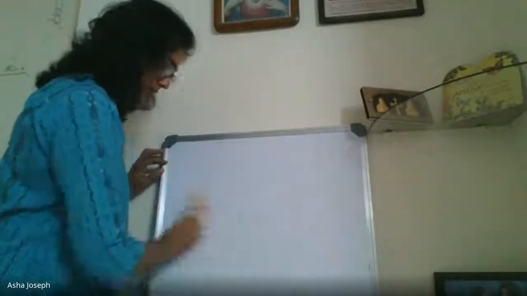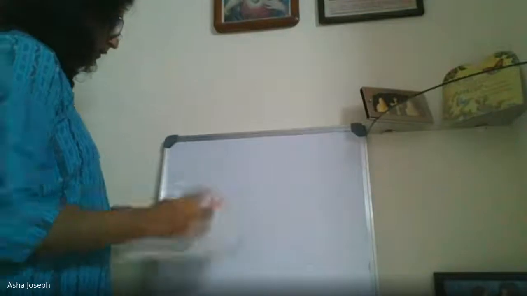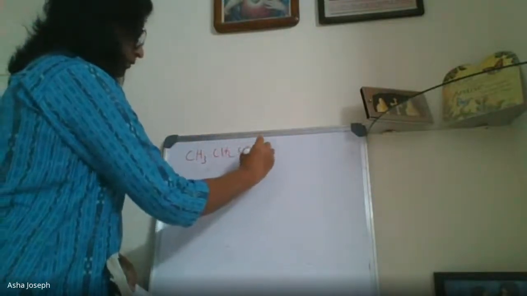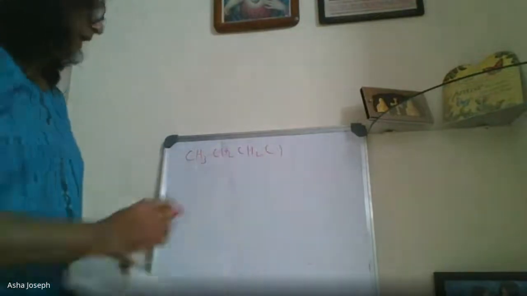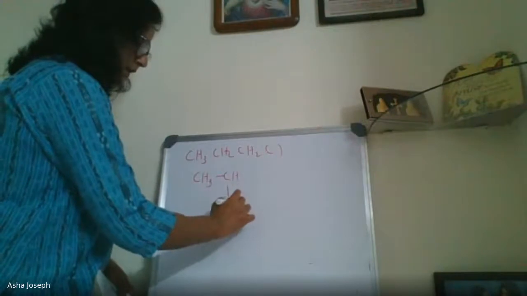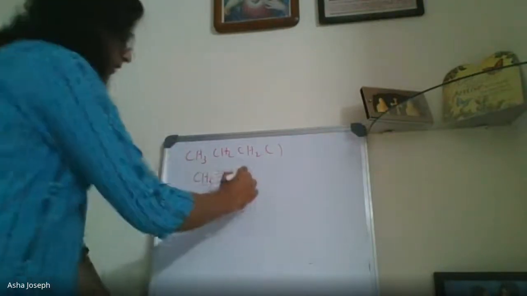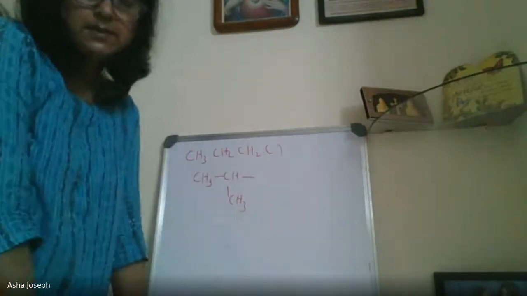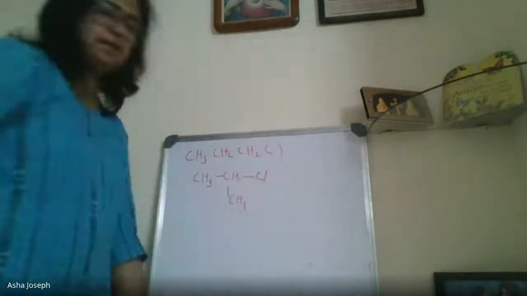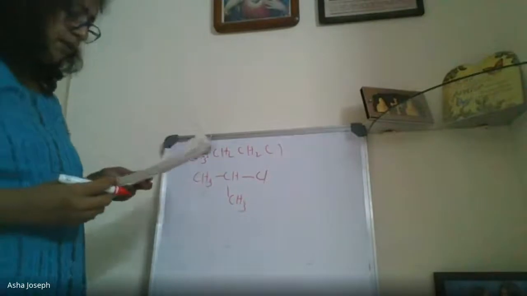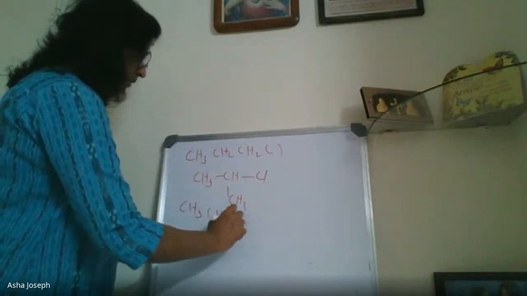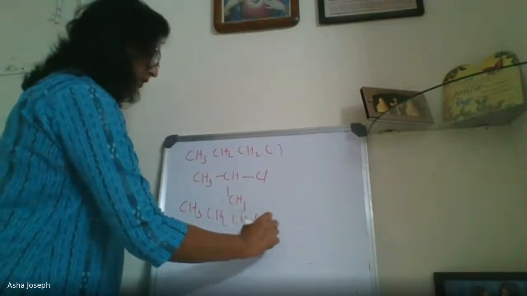Next series. 1-chloropropane. So this is CH3, CH2, CH2, Cl. This is 1-chloropropane. Isopropyl. Iso means you write CH3, CH, CH3. And propyl means 1, 2, 3. So this is the second one. And the third one is 1-chlorobutane, CH3, CH2, CH2, CH2, Cl.